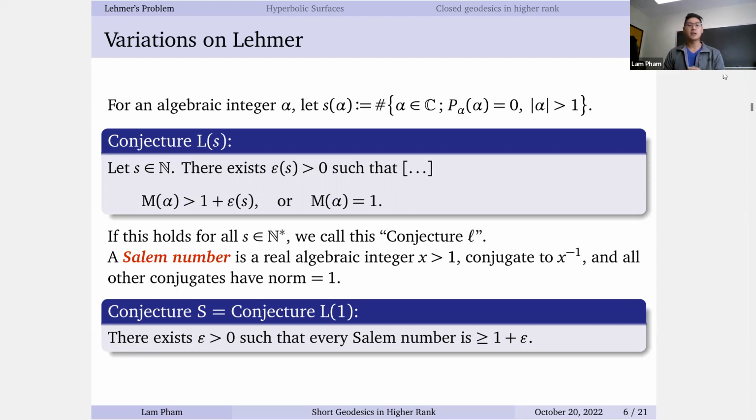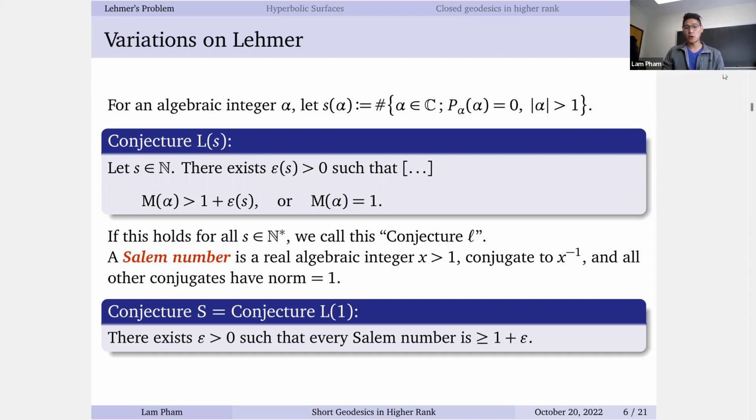Now there's a slight adjustment, because I'm also requiring that the Salem number be a real number. But that's also a consequence: if you put S equals 1, it has to be real.